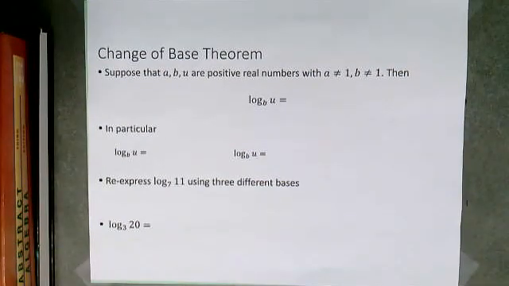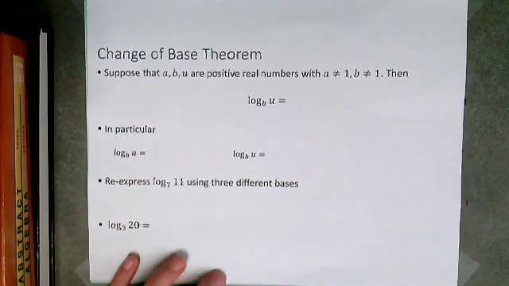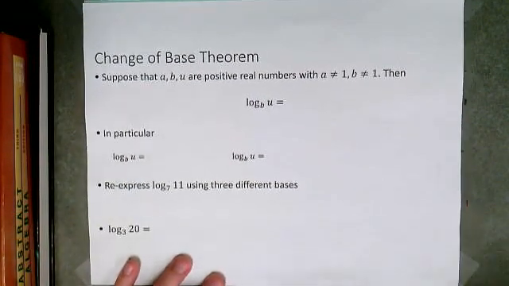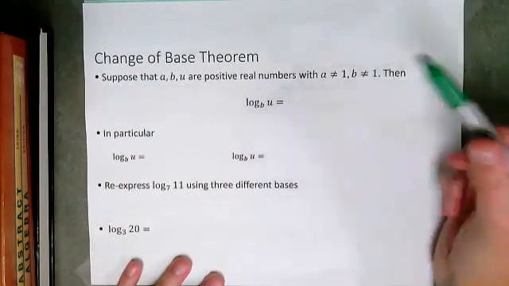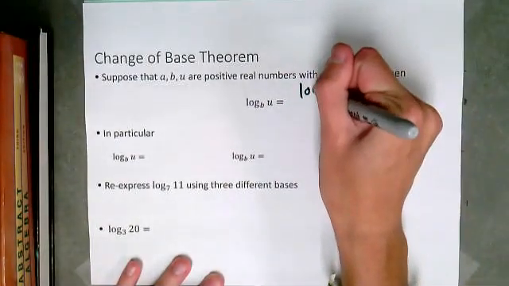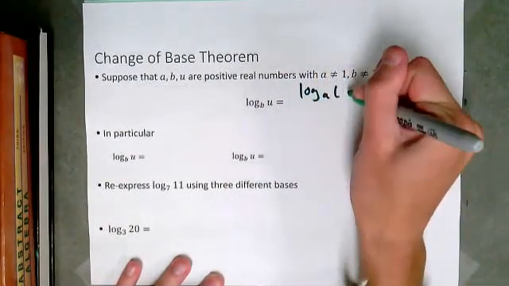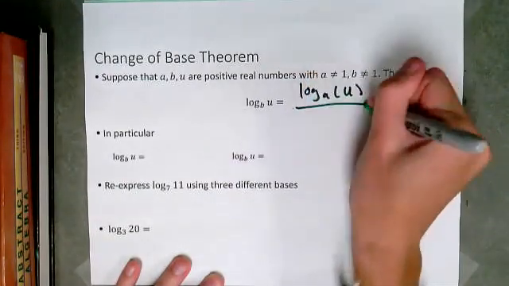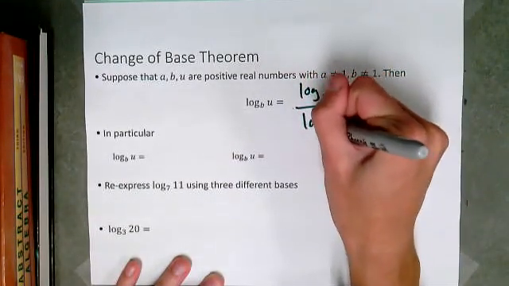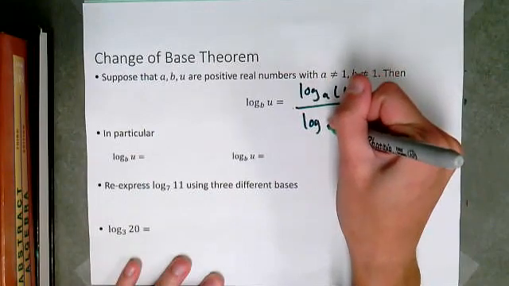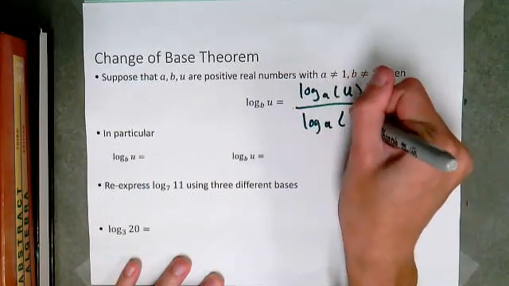A is not equal to 1, b is not equal to 1. And then we get the following formula. Log base b of u is equal to log base a of u over log base a of b.